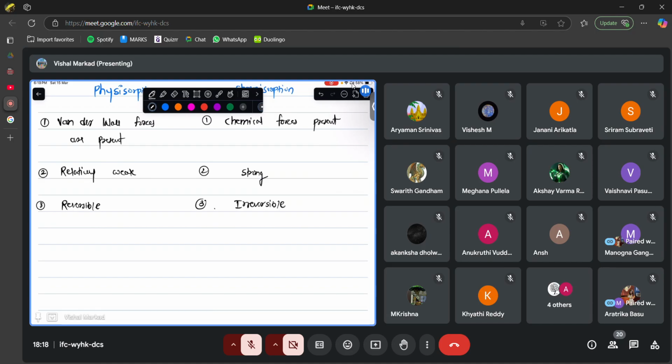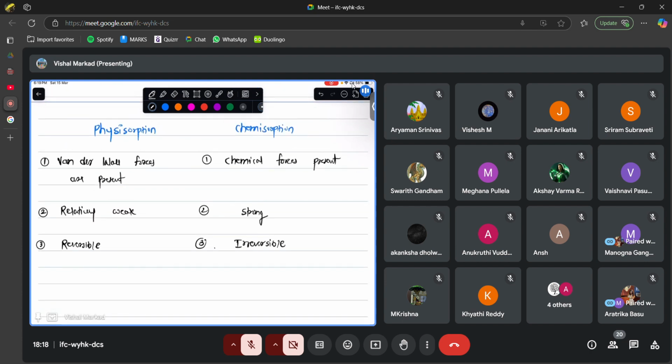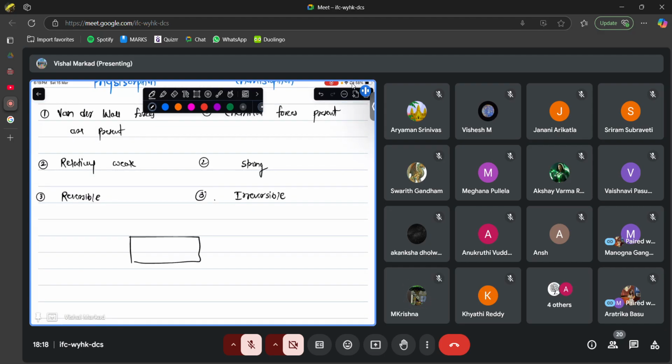Okay. Now, where is the formation of a multilayer possible, physical or chemical? Multilayer means what? Let's suppose this is my adsorbate. Let's say I'm writing on the board. I have written something here. Can I again put the ink on the same line?